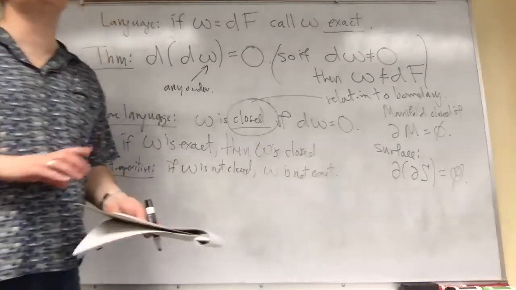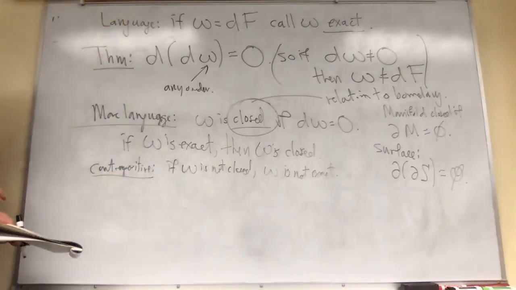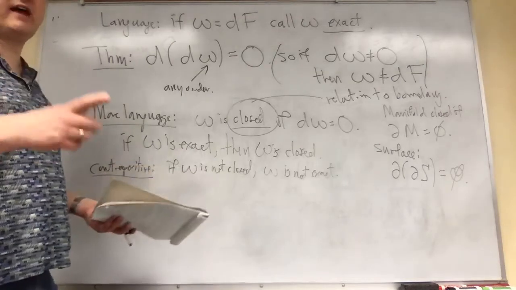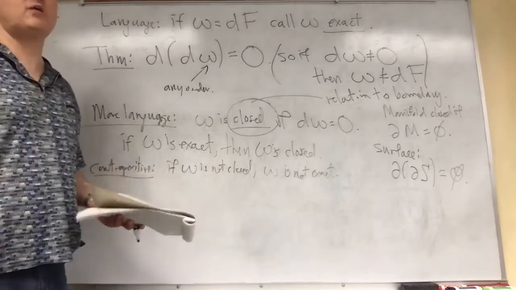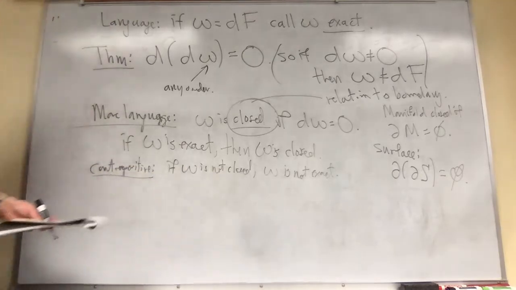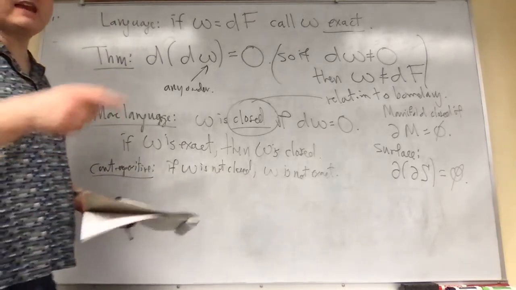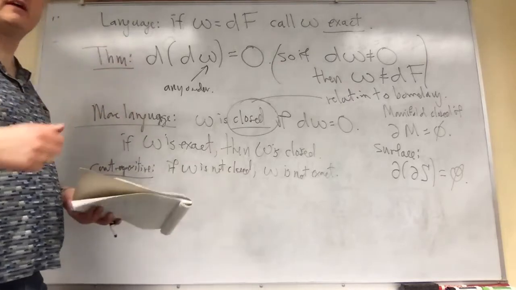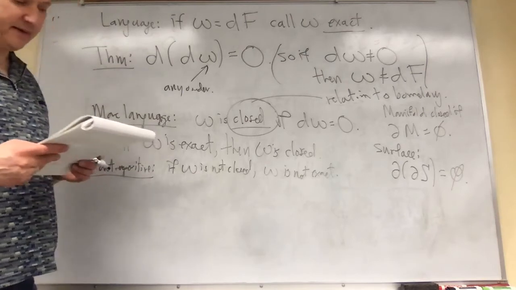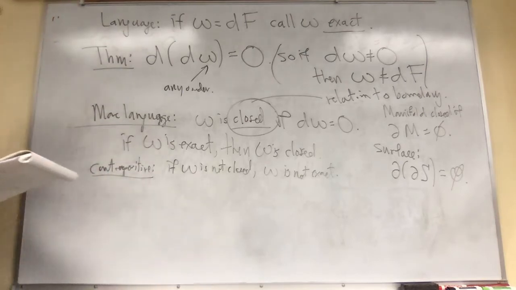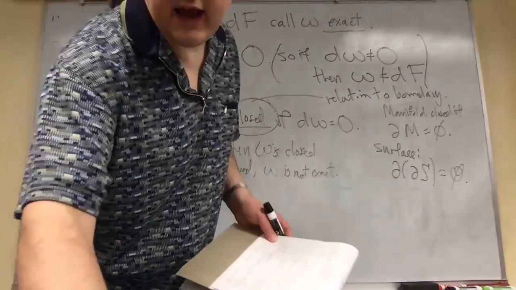Or if you think of a torus like an inner tube with a bunch of holes in it, the boundary of that is the circles of all the holes, and the boundary of that is again empty. So those are some ideas.